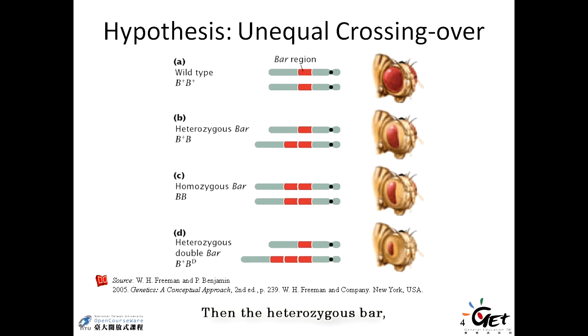Then the heterozygous bar means the bar is a duplication of the original allele. That was the hypothesis. Because of that, the homozygous female contains two bar mutants, and you can see the two red blocks on each chromosome.